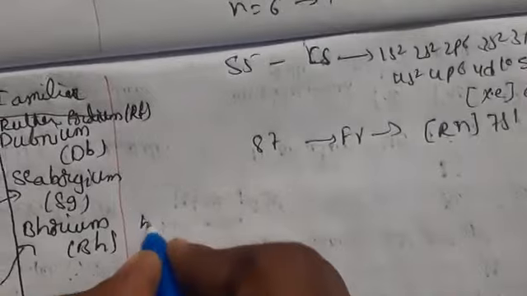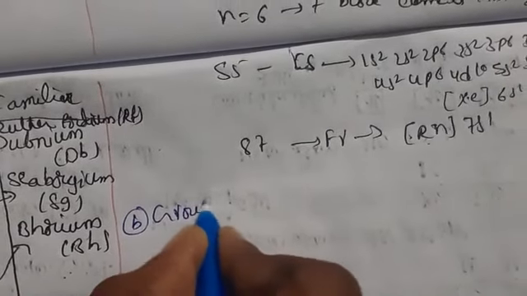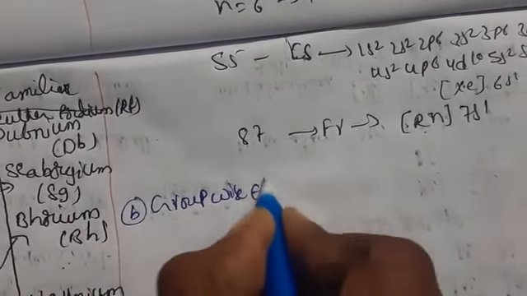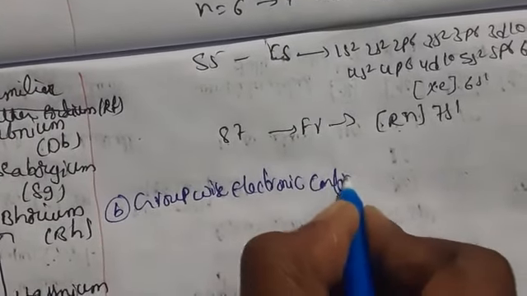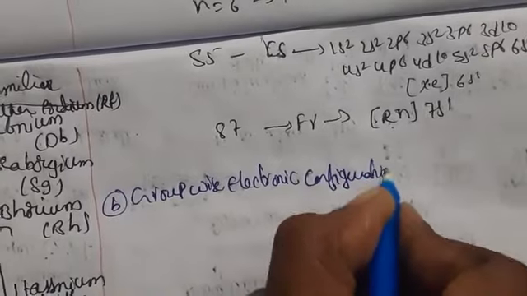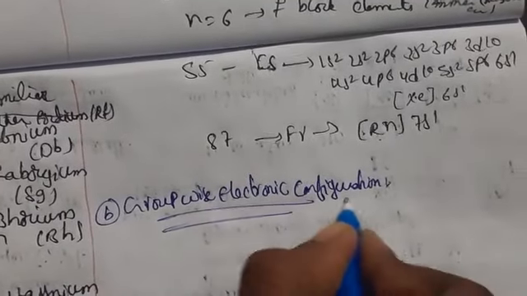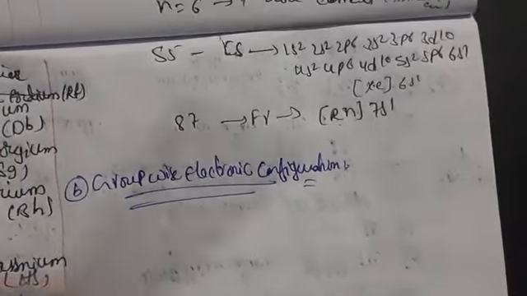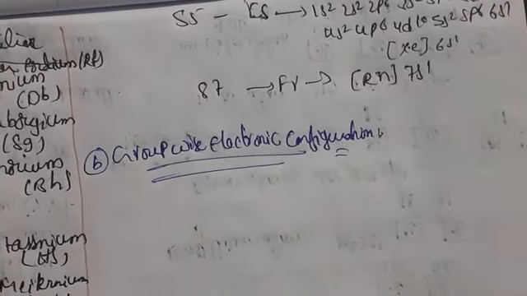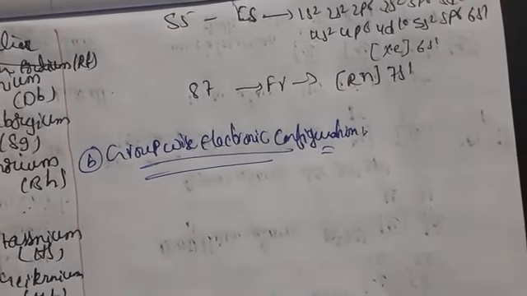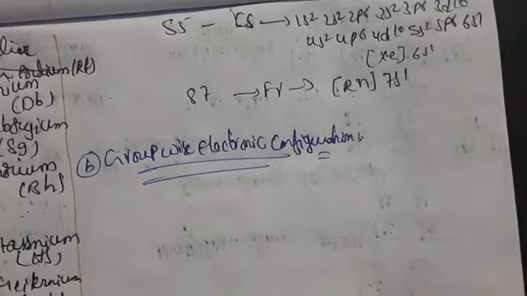Coming to groups, the next one is group-wise electronic configuration. The vertical column we call a group. They have the same valence electronic configuration, the same number of electrons in the outermost shell, or valence shell.